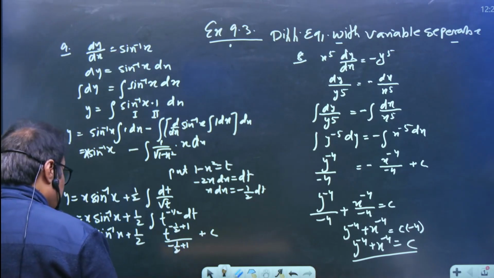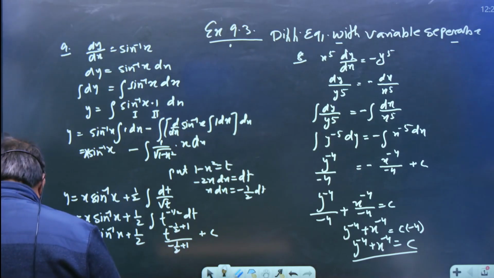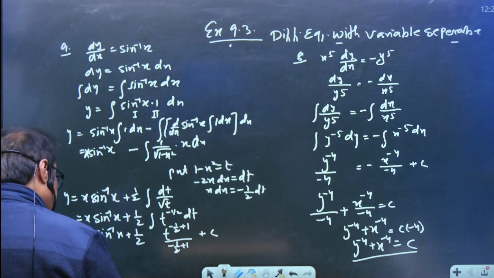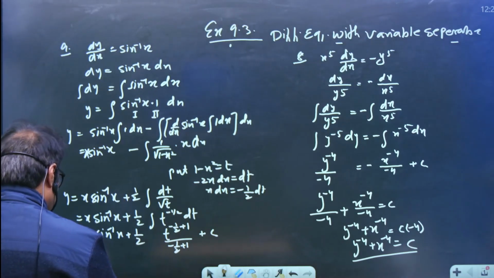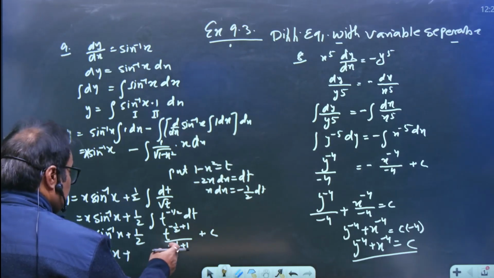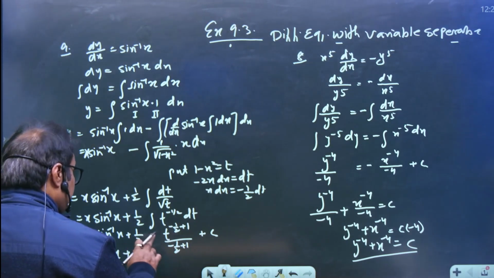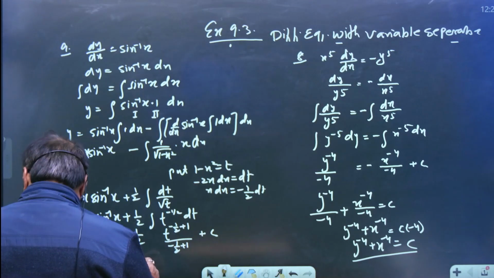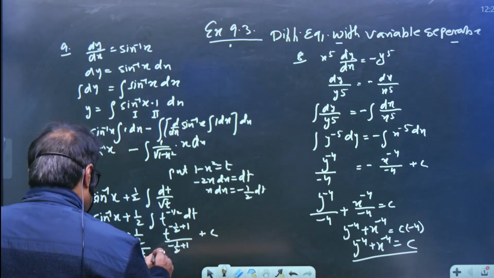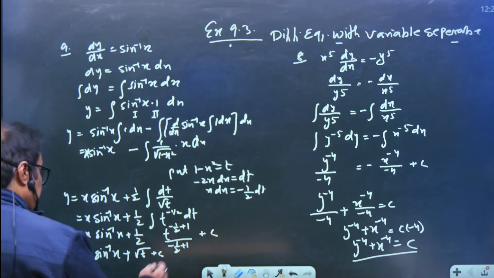So the final result: this is equal to x sin inverse x, and this 1 minus 1 by 2, 1 by 2 means 2 by 2, so it will be cancelled out. So this is t to the power 1 by 2, so we can write root over t, and plus c, and finally put the value of t.